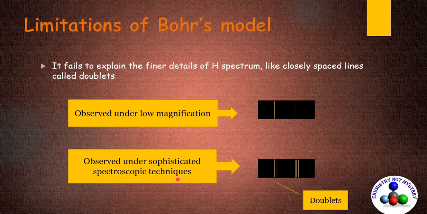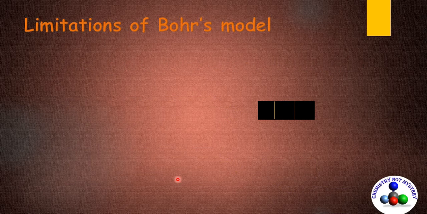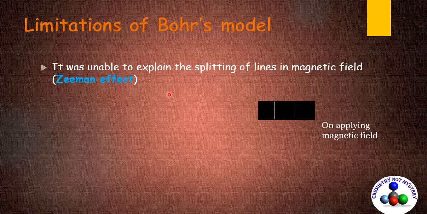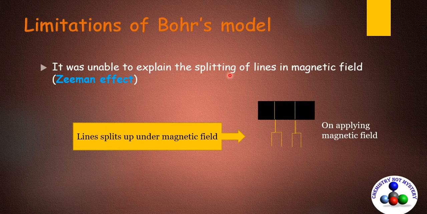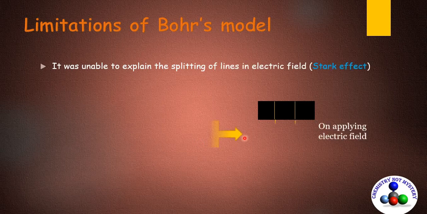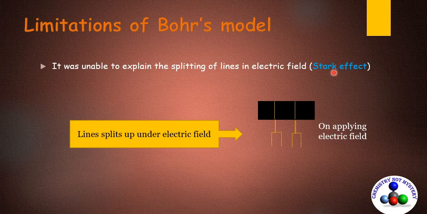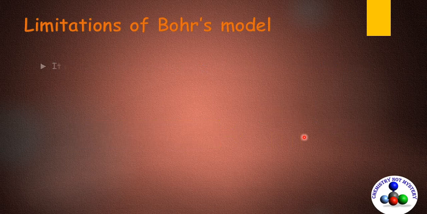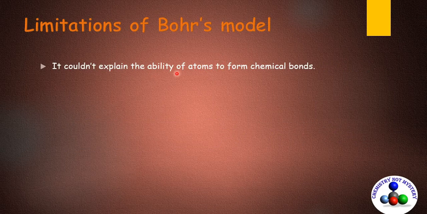Another limitation of Bohr's atomic model is that it was unable to explain the splitting of lines in a magnetic field, that is the Zeeman effect. It was also unable to explain the splitting of lines in an electric field, that is the Stark effect. Another limitation of Bohr's model is that it could not explain the ability of atoms to form chemical bonds.